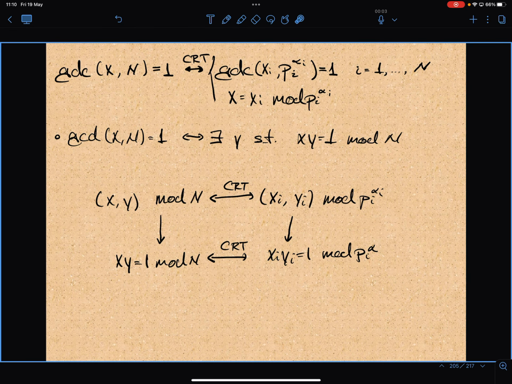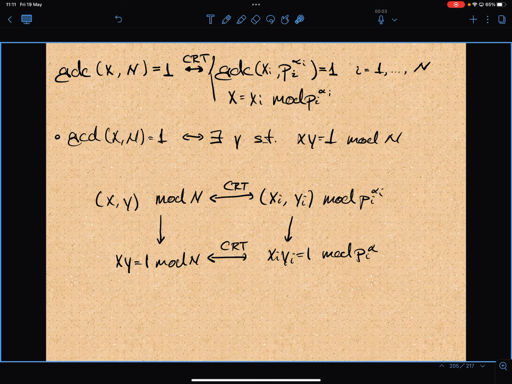So the top is the statement that I want: that the GCD mod n being equal to 1 is equivalent to the GCD mod p_i^alpha_i being equal to 1 for every i. And in here, the interpretation that I have for the GCD of x and n equals 1, I recall that this condition is equivalent to the existence of some element y such that x times y is equal to 1 mod n, the inverse of x mod n.